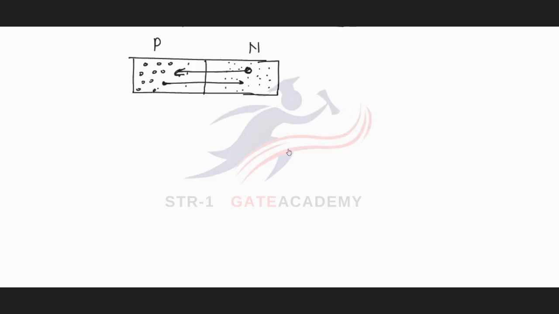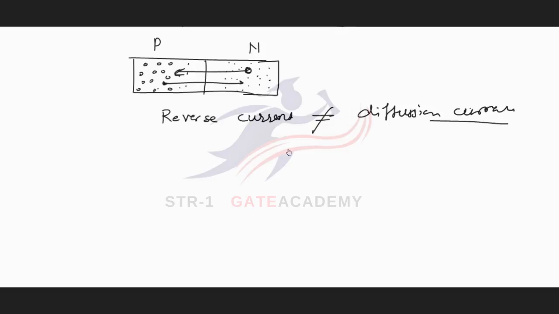So I can say that during conduction in a reverse direction, the minority charge carriers cross the junction from higher concentration to lower concentration, and it can be said that the reverse current cannot be a diffusion current, as in the case of forward bias PN junction, so reverse current is a drift current.